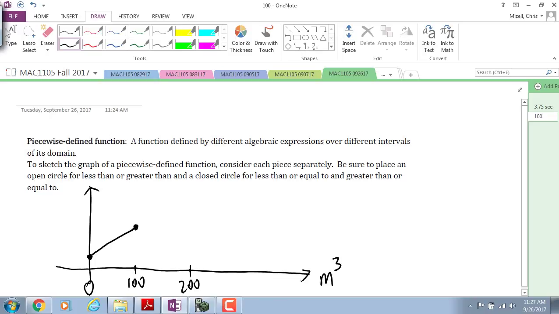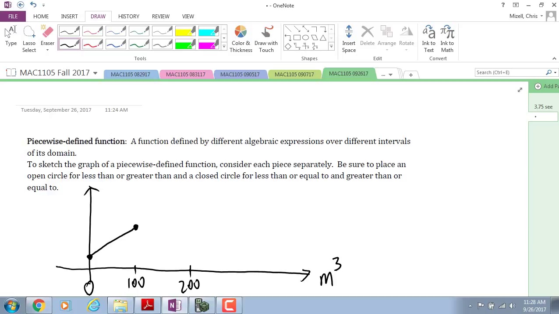Now, customers that use more than 100 cubic meters get billed the same amount for the first 100 cubic meters as anybody else, but once they go beyond that into that second 100, the amount they get billed for each additional cubic meter is less than for each of the cubic meters during the first 100.